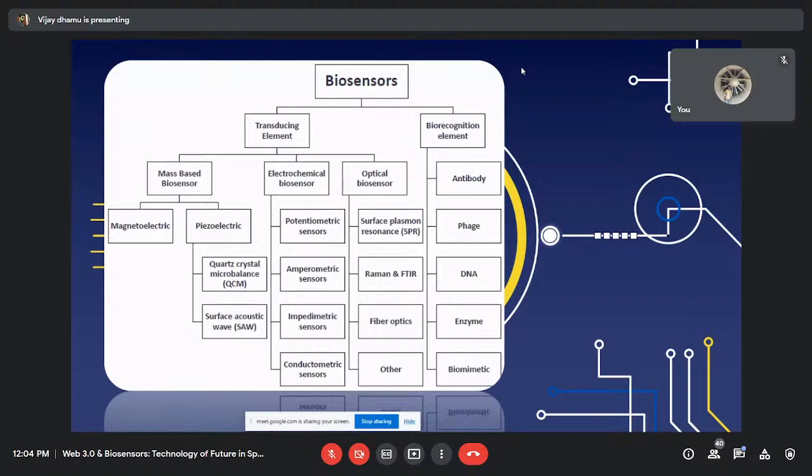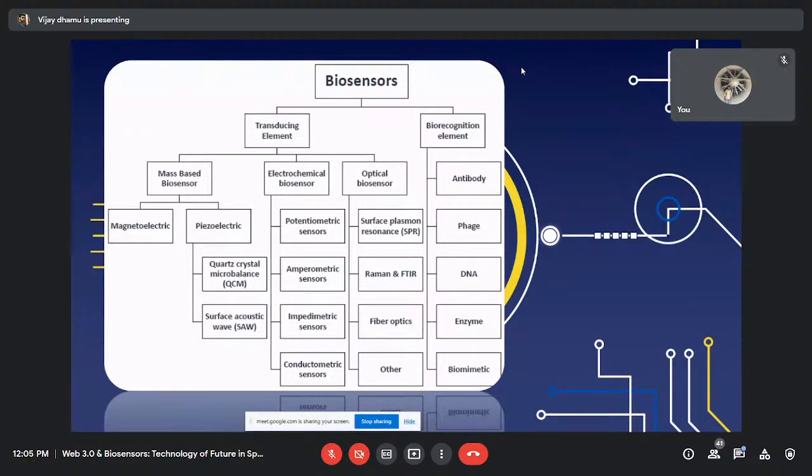The mass, as in the force applied on the body, causes a change in the magnetic field, and that change causes a signal. In piezoelectric, the mechanical force is turned into an electric signal, and piezoelectric is divided into quartz crystal microbalance and surface acoustic wave, two different technologies.